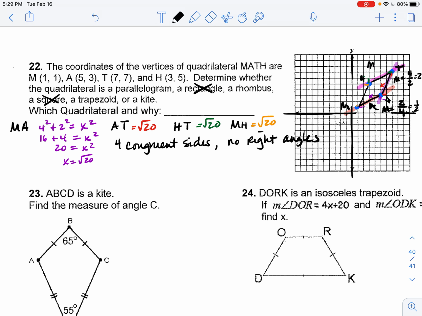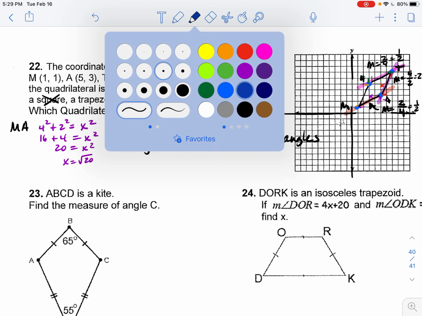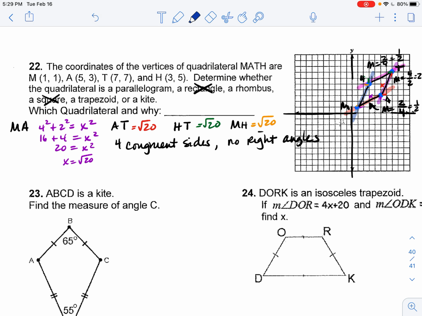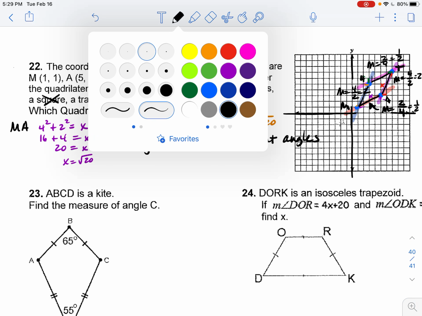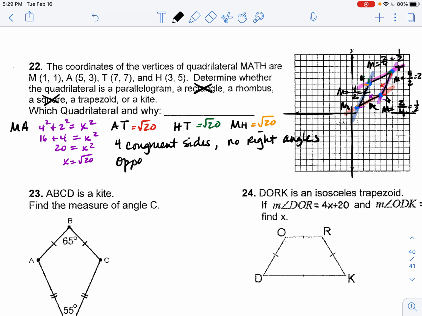Find the slope of this, it is up 2 over 4, which is 1/2. Okay, what we do know now is that the opposite slopes are parallel. And then the slope of this piece here is up 4 over 2. Okay, and that's 2. So we have opposite sides are parallel. Okay, not a trapezoid.